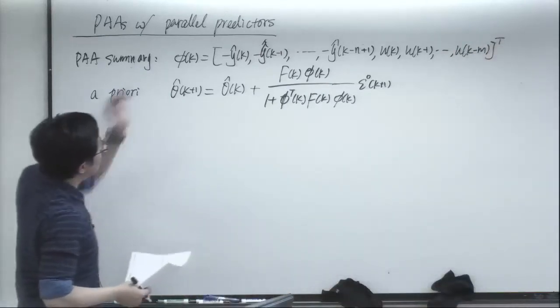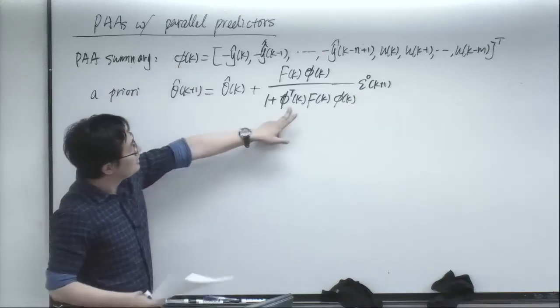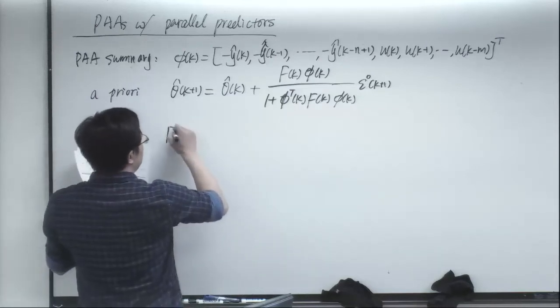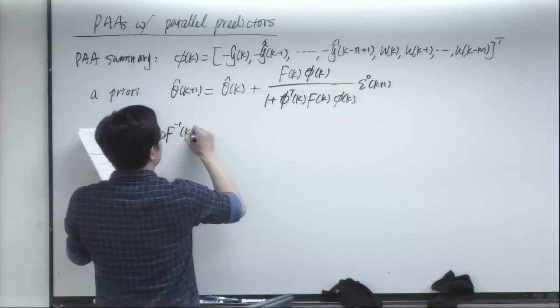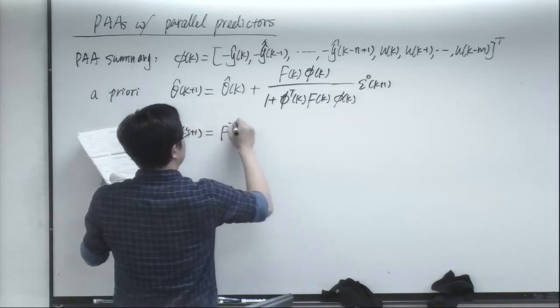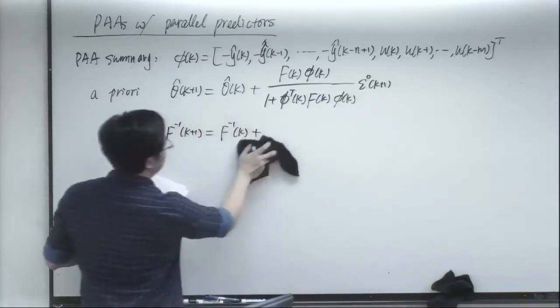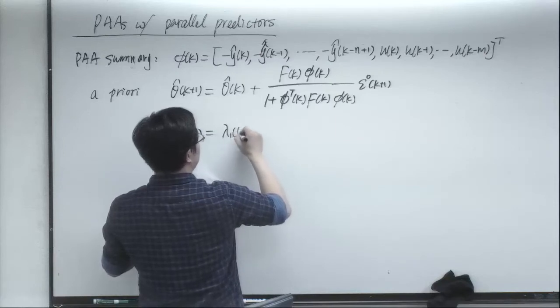So at every step, we construct this regressor vector, put it into this formula. And in this formula, the adaptation gains are updated by, let's introduce now the forgetting factors.